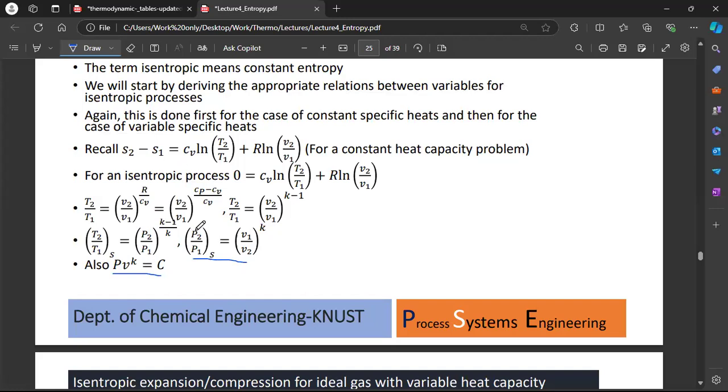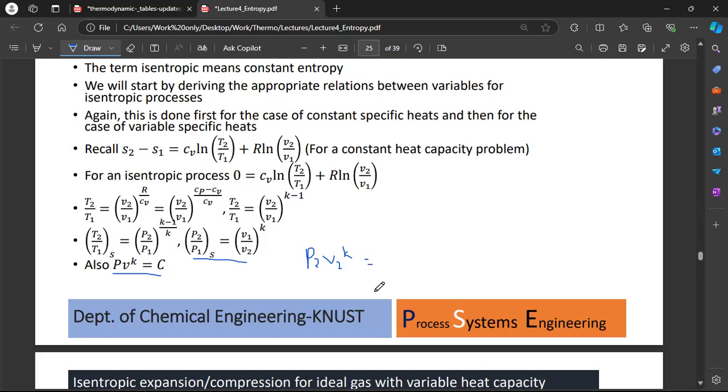So if I make P2 V2 to the power k equal to a constant, then if I should express this further, P2 V2 to the power k should be equal to P1 V1 to the power k.